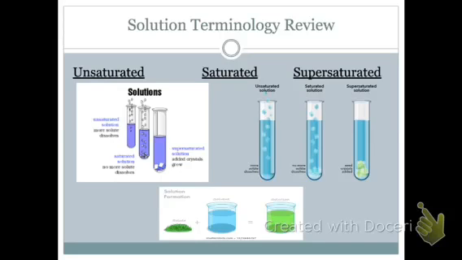It's completely full. And then supersaturated is it's actually got more solute than it can actually handle, and so it ends up growing or building crystals at the bottom. So in each of those cases, you're dealing with a solution which is made up of a solute and a solvent. And again, the solute gets dissolved and the solvent does the dissolving.